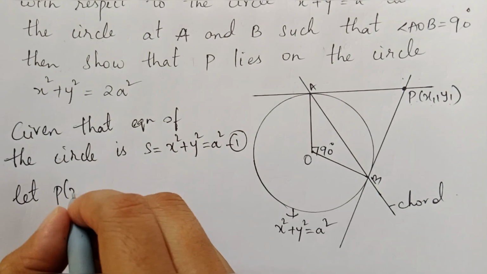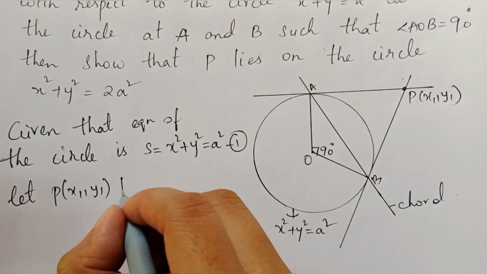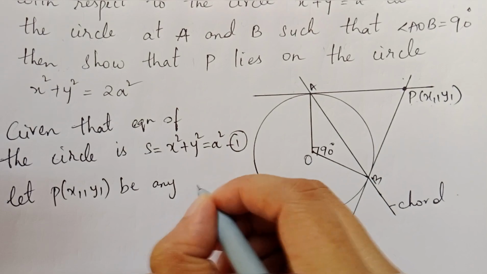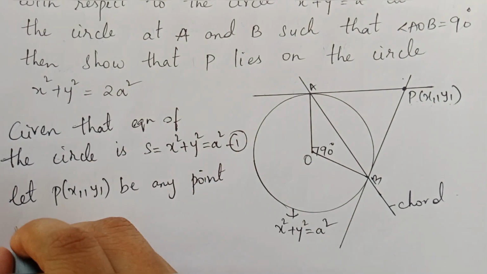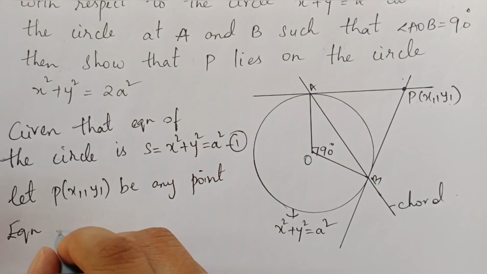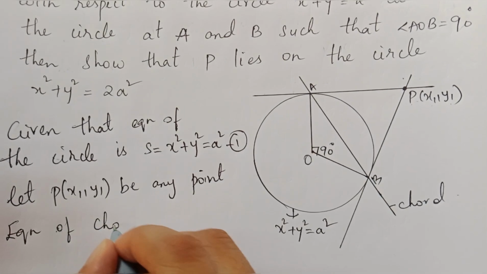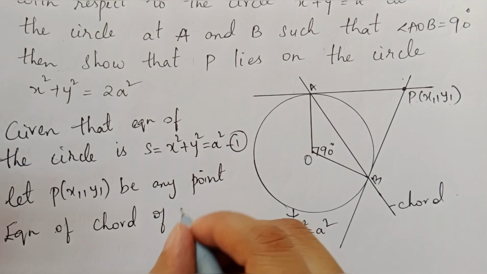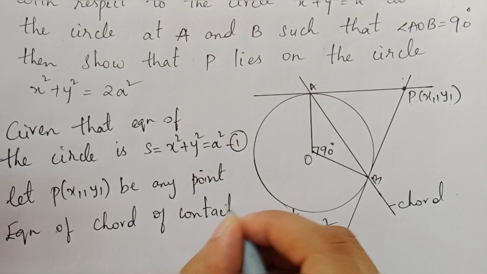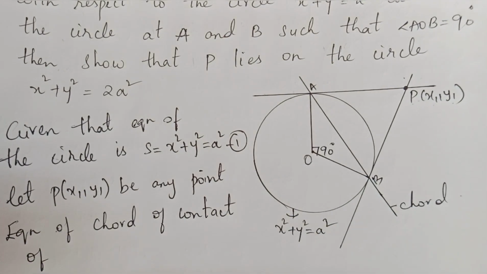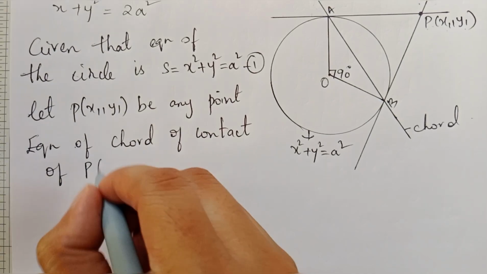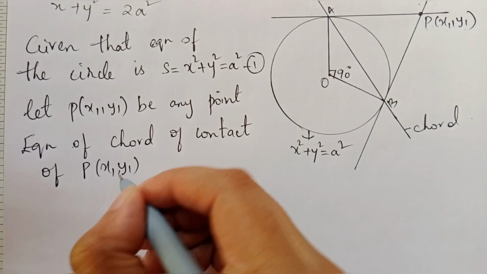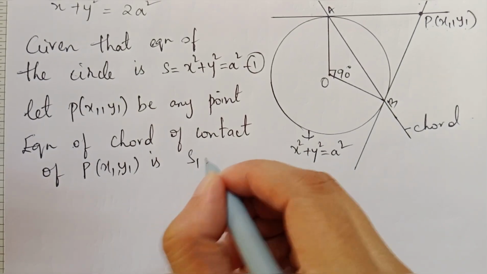Let P(x1, y1) be any point, and the equation of the chord of contact of P(x1, y1) is S1 equals 0.